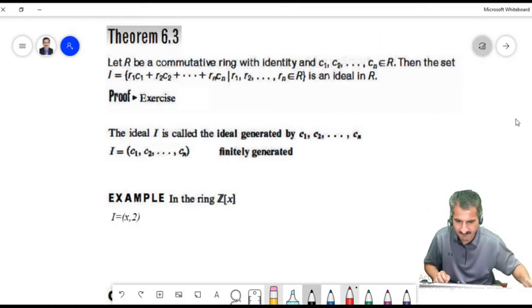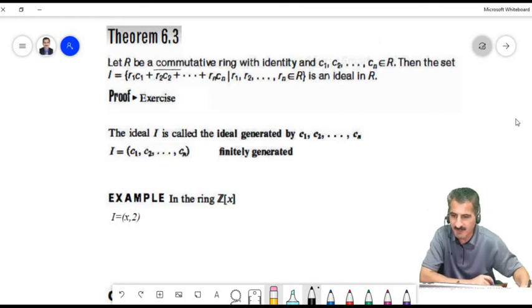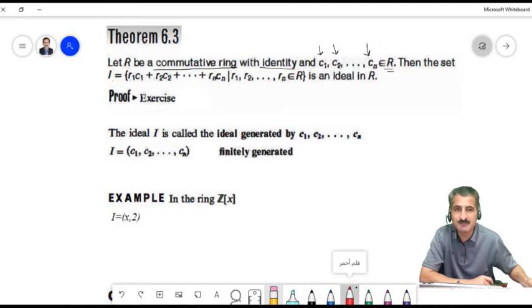let's have this theorem. It says assume we have a commutative ring with identity, and assume we have some finite collection of elements from the ring R. Then the set I given by summation of multiples of these c's, so I equals r1c1, where r1 can be an element from the ring, plus r2c2, all the way to rncn, then add them all, and there is this element from the ring, is an ideal.